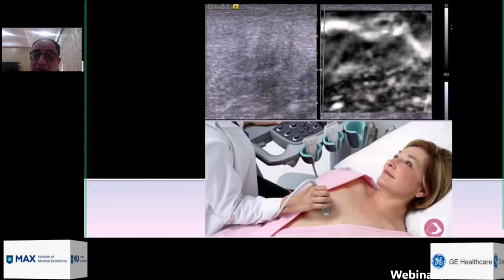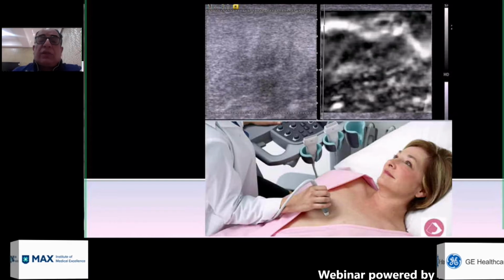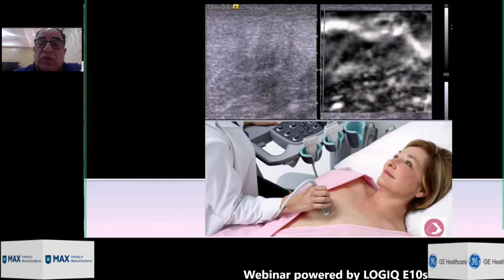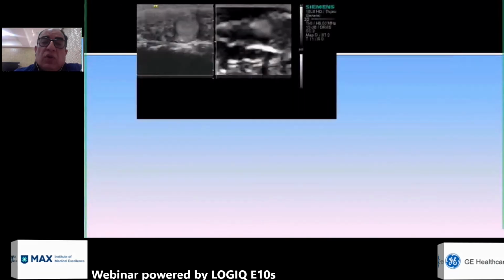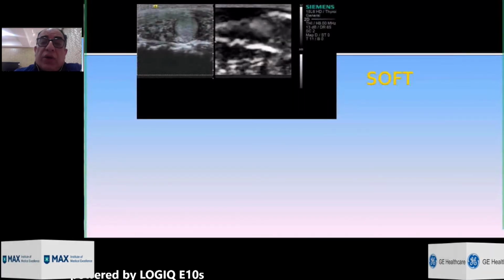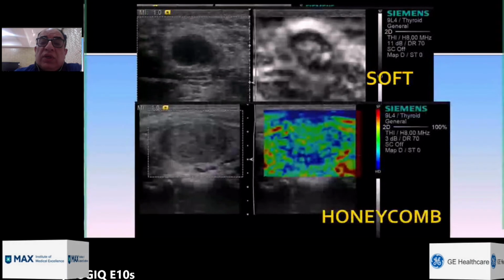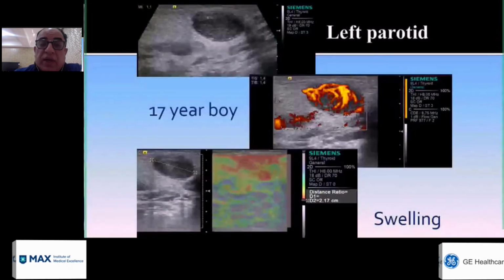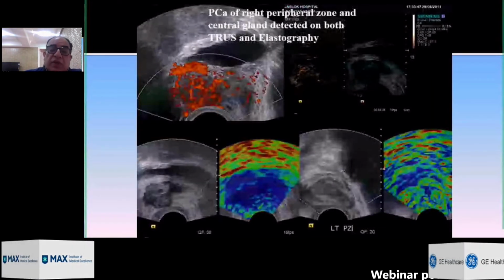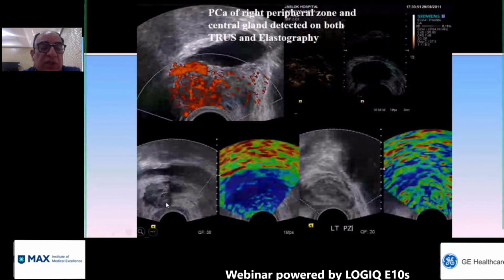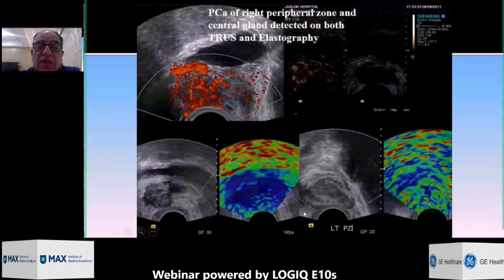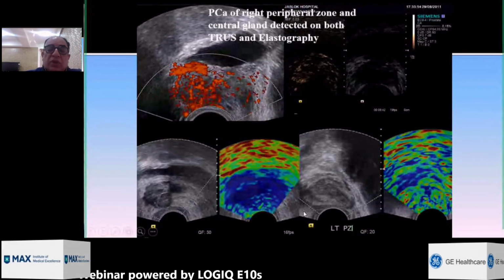Now, from a radiologist's perspective, this technique is not limited to the liver. We use it for breast, for lymph nodes, for evaluation of thyroid nodules, for the parotid or any other superficially accessible mass lesion. We use it for prostate for guidance of biopsy. You can see there is a lesion here, highly vascular, and elastography shows it to be a stiff lesion.